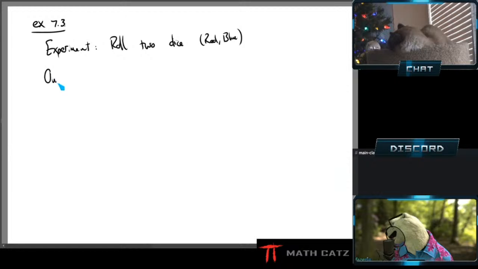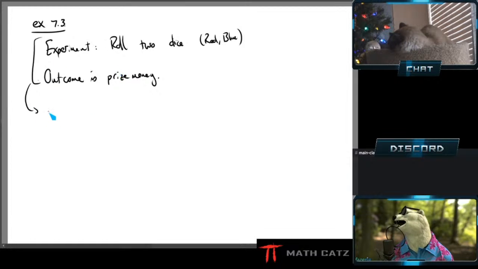So the outcome is the, let's say, prize money. But of course, there's a little bit of a gap between these. However, these two together are just summarized in what we call a random variable.